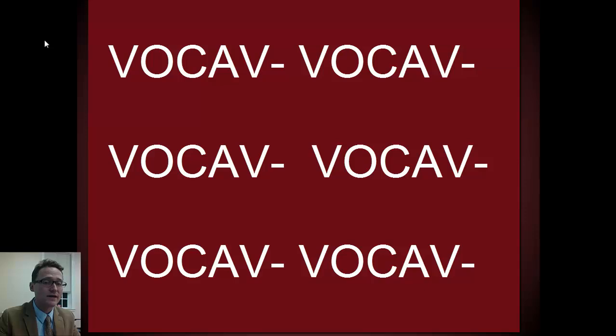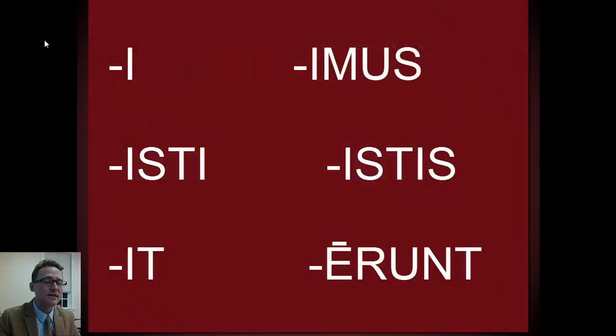Now these are the endings that we're going to add to them. I, isti, it, imus, istis, erunt. So let's go ahead and do that together. We'll also translate the forms using the simple past. Remember, there are 2 other translations that are also acceptable.